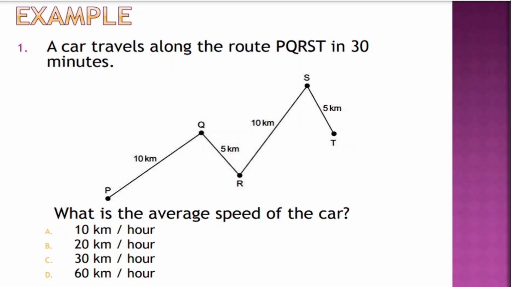Converting 30 minutes to hours by dividing by 60, we got 0.5 hour. So dividing the total distance covered, 30 kilometer, by the time taken in hours, 0.5 hours, we got the average speed as 60 kilometer per hour.